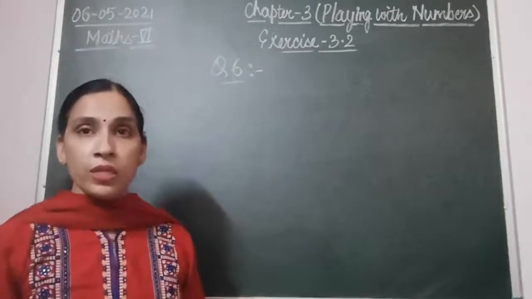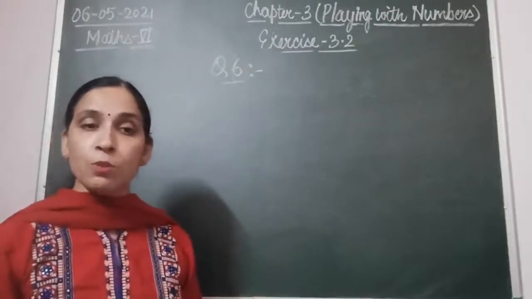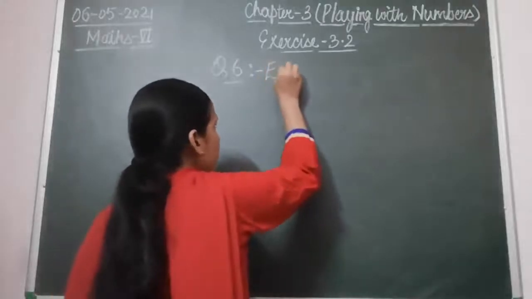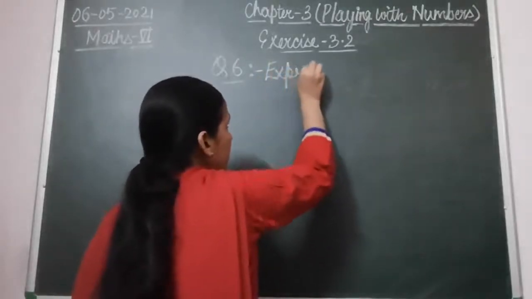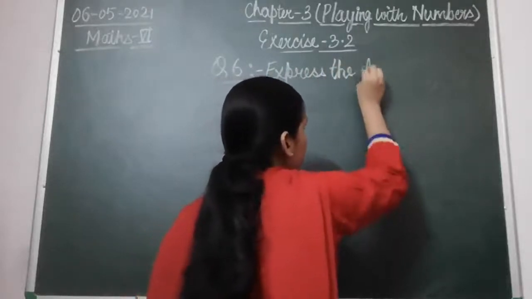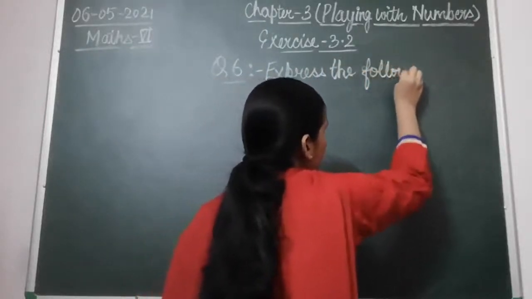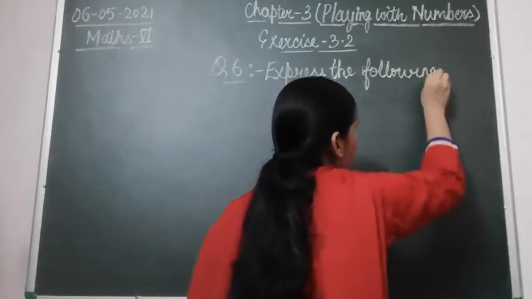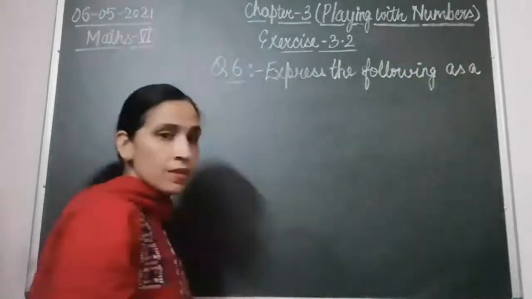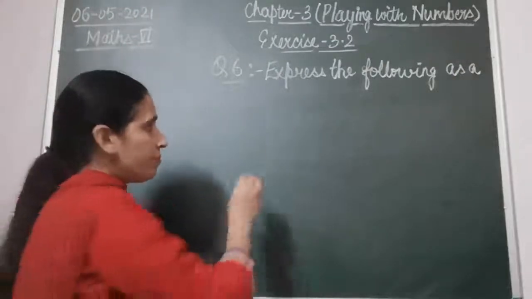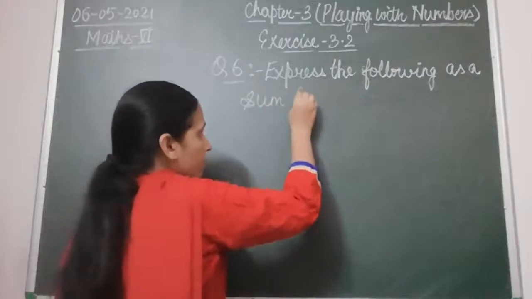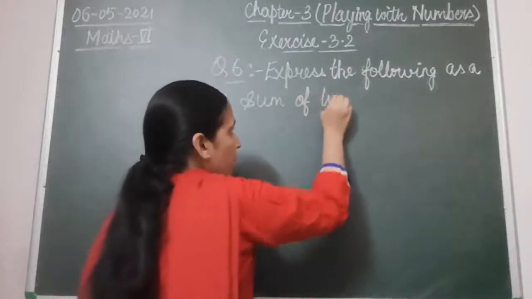Now question number 6 says, express the following as a sum of two odd primes.